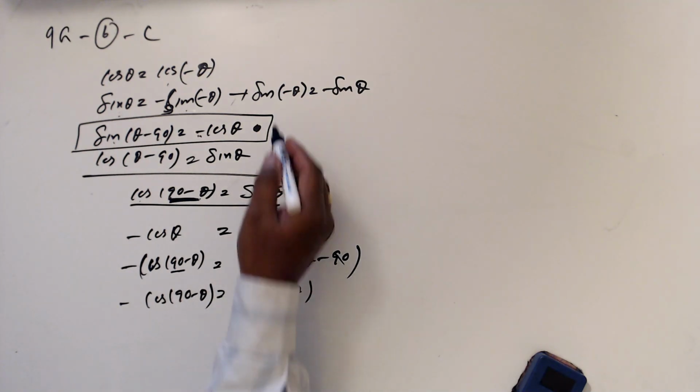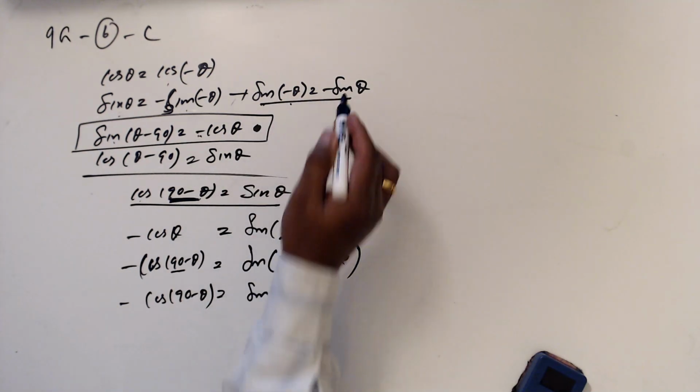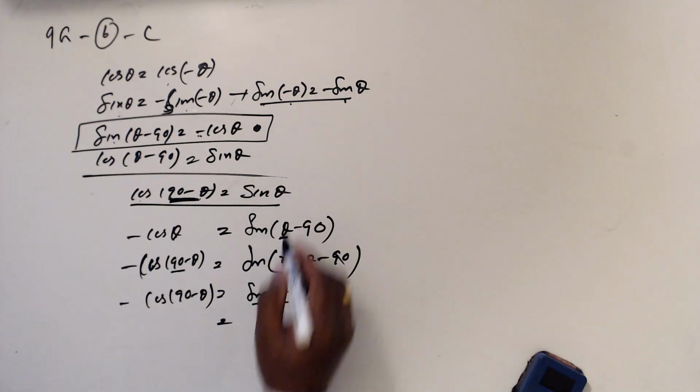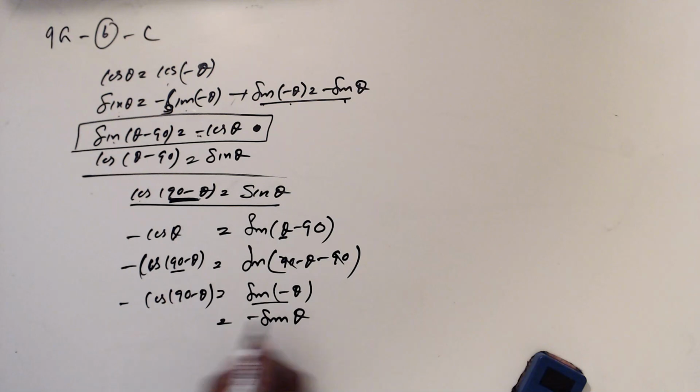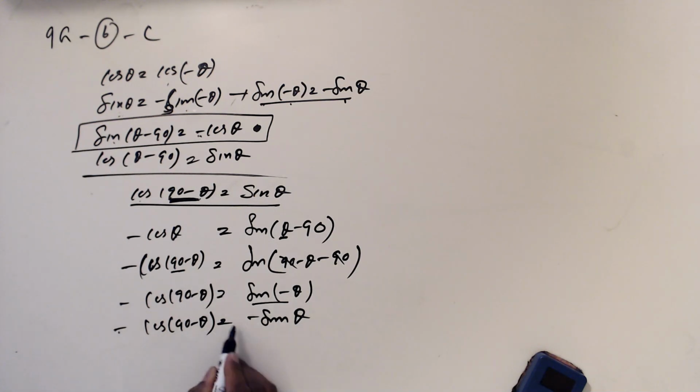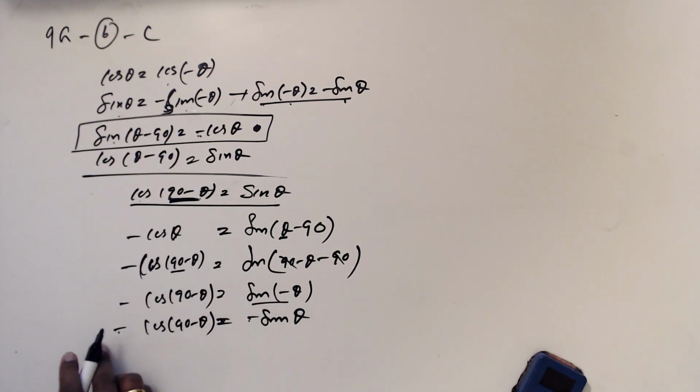So I know from here sine minus theta equals minus sine theta. So instead of this one I can write minus sine theta equals minus cos 90 minus theta. Now I can see both sides have a minus. When I multiply by minus, it will cancel out.